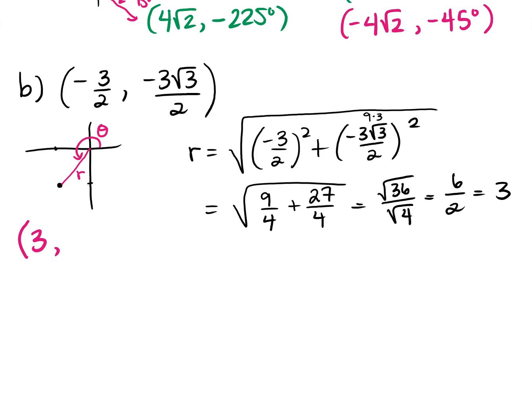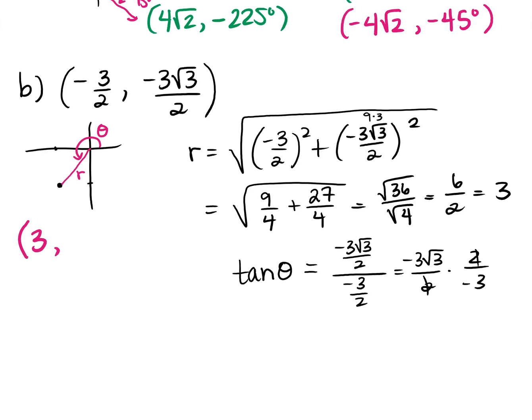And let's figure out the rest. So again, tangent of theta, I want a theta. And if you don't like dealing with tangent, you can always use cosine or sine, that's fine. Tangent is going to be a negative 3 root 3 over 2 all over negative 3 over 2. Flip it and multiply. So we get nice things happening, and those are positive.